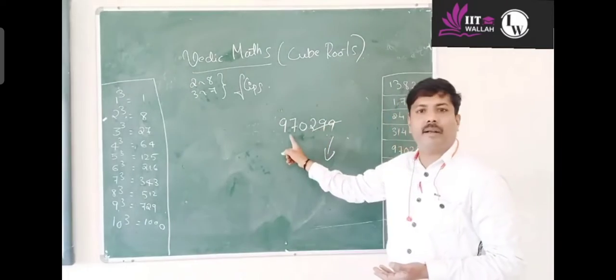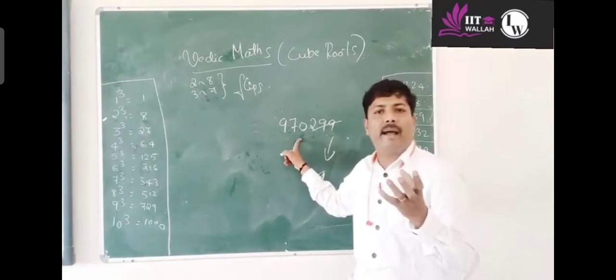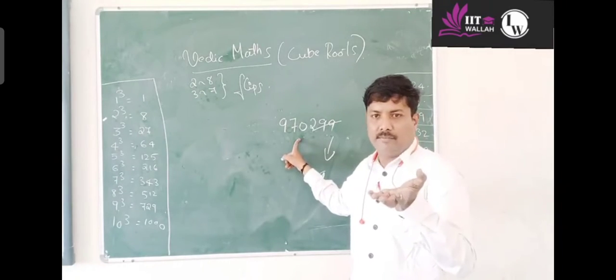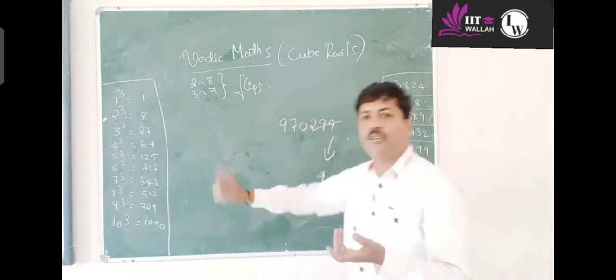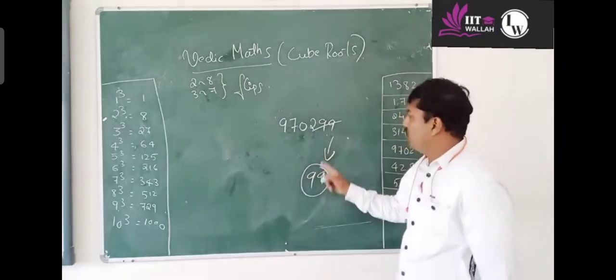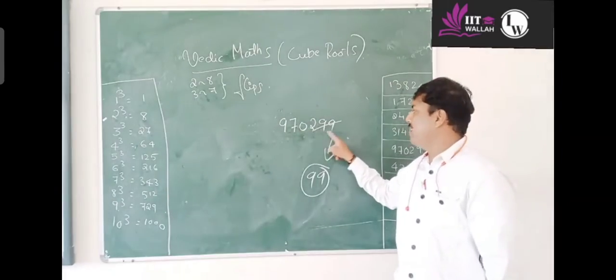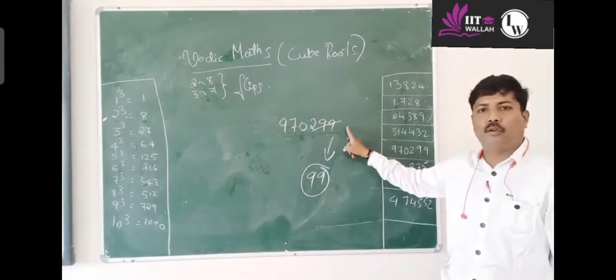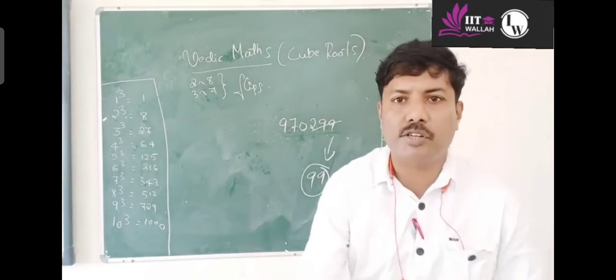The remaining number is 970. Which is the perfect cube nearby 970, below 970? Here, it is 729. So that means its cube root is 9. So 99 is the cube root of this big number, a 6 digit number. You understood?